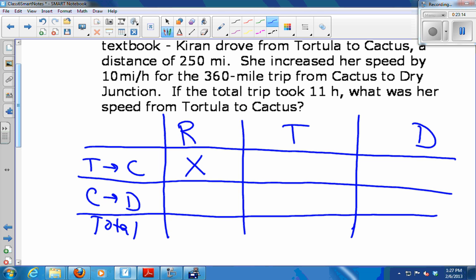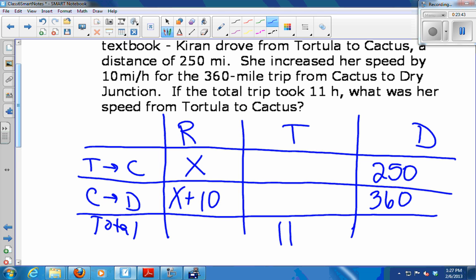All right, and then let's fill in the other stuff we know. It said Tortula to Cactus is 250 miles. And then she went 10 miles per hour faster from Cactus to Dry Junction. X plus 10, great. And it says that was 360 miles. The total trip took 11 hours.